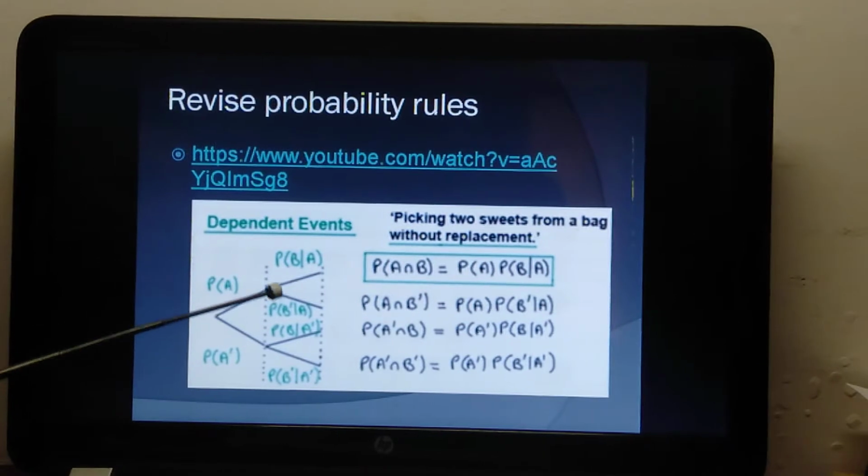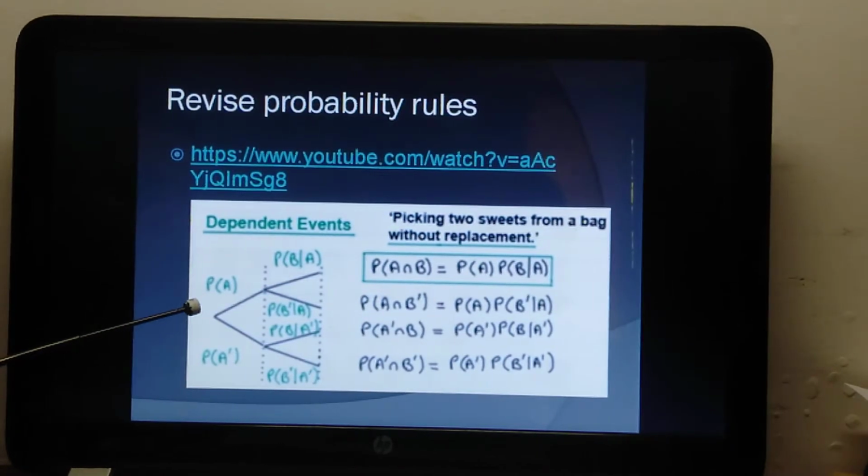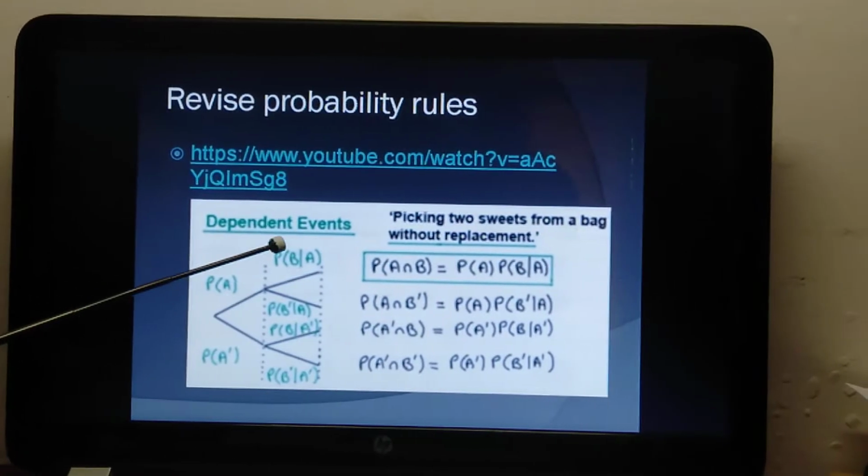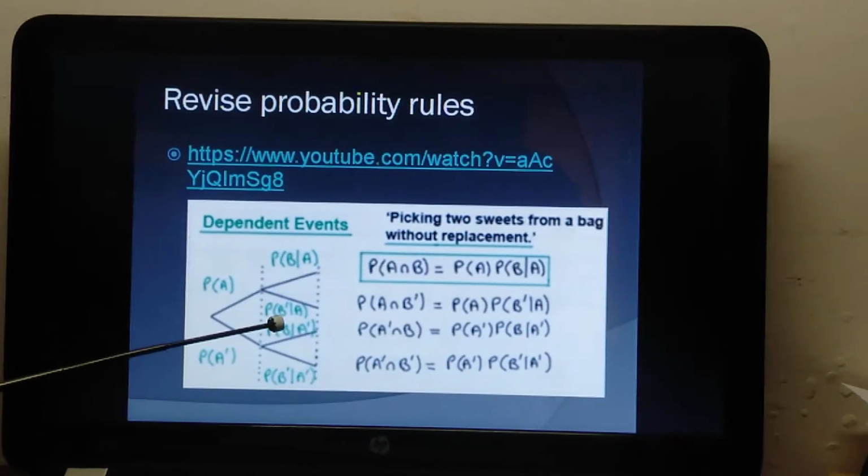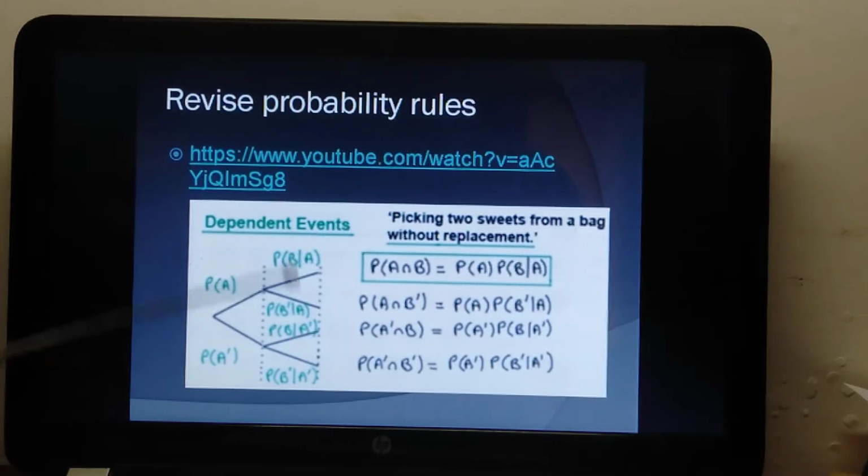So if A is already picked out, then the second sweet can be B or it can be not B, but A is already picked out.